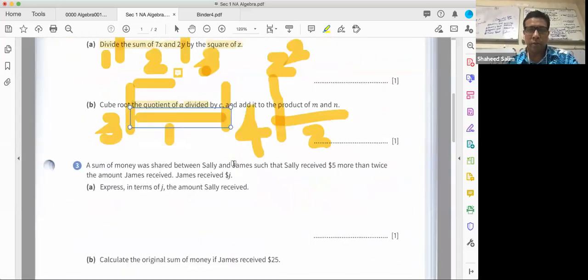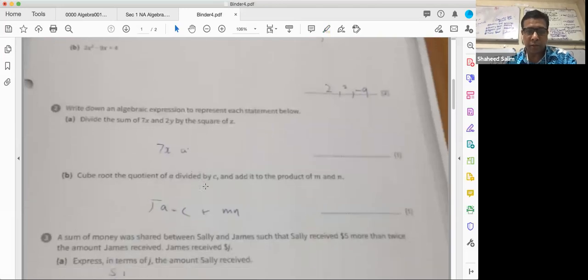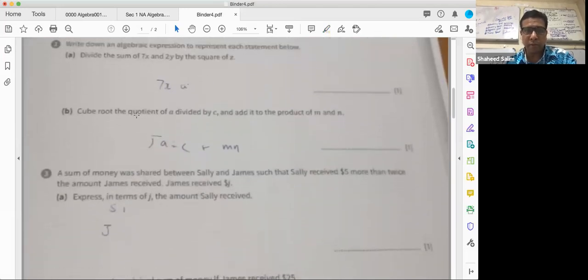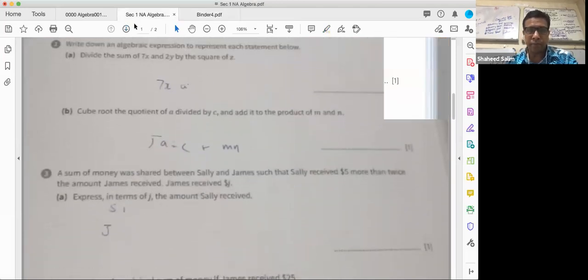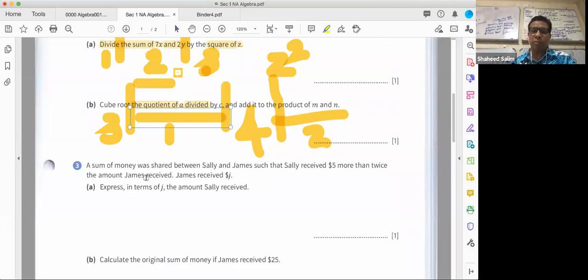Okay, now here we go. A sum, did you do this one? Let me see. Number 3. Okay, let's see what happened. A sum of money was shared between Sally and James, such that Sally received $5 more than twice the amount James received. So you need to, okay, James received J. So now down here, this sentence is a long sentence, so many parts.